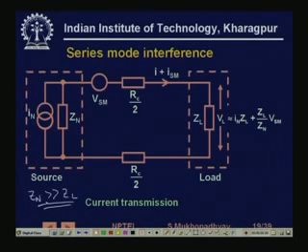Elementary circuit analysis will tell you that the output voltage is going to be In ZL, which is nothing but E Thevenin. That is the open circuit voltage, the ideal voltage which should come, and the effect of the series mode resistance will be multiplied by ZL by Zn. Since Zn is much greater than ZL, this effect is going to be negligible.